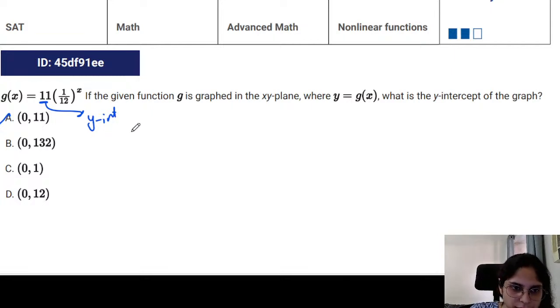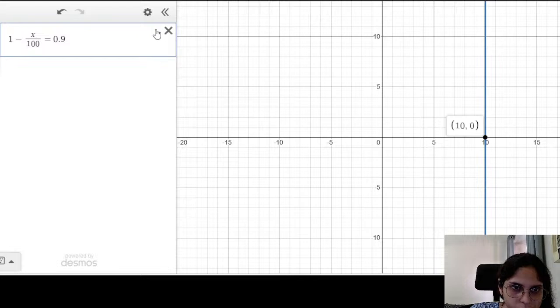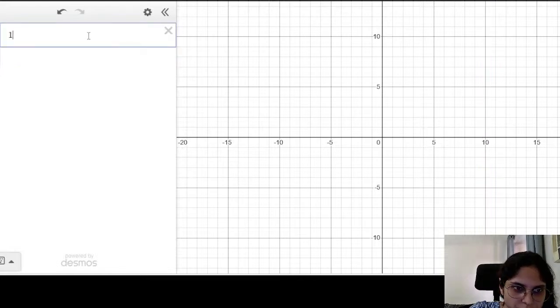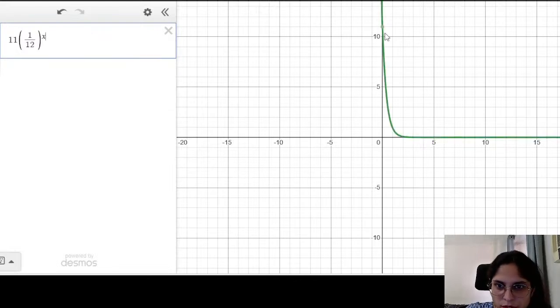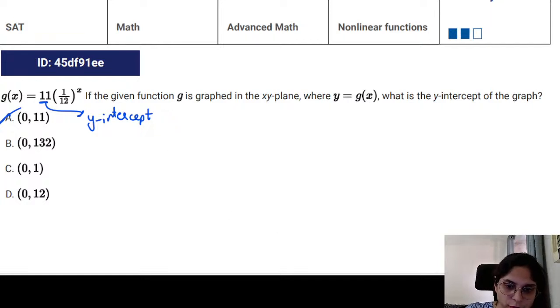Even then you will get 11. We can type the equation, (0, 11). But it always helps if you directly know that 11 is going to be the answer.